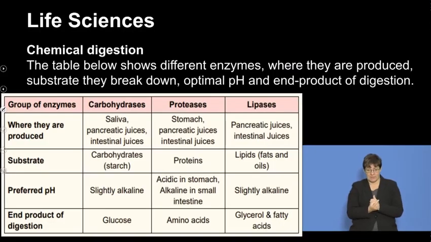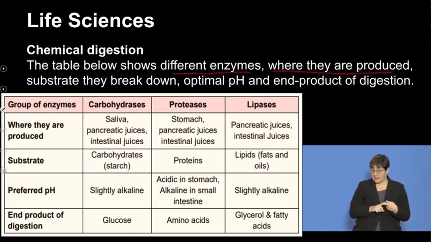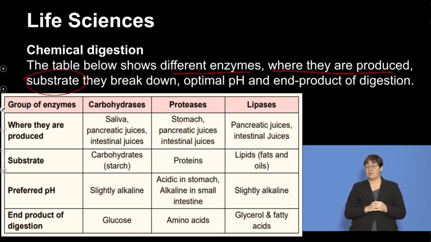Right, so the table below shows the different enzymes, where they are produced. Again, it's important to understand where they are produced, the substrates in terms of what they target and break down, and then the optimal pH and the end products. So it's quite a comprehensive table, and the best way to learn these enzymes or to have an overview of the different enzymes is to be able to refer to such a table.